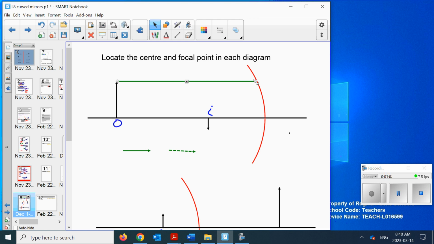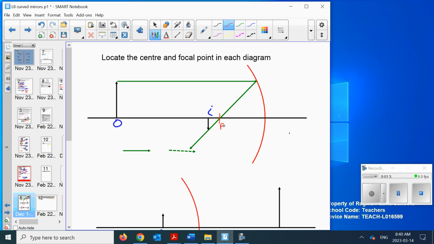We know that it lines up at the edge of the image, so I'm going to use that rule to find the focal point. So that's working, and this must be the focal point. I put a big F.